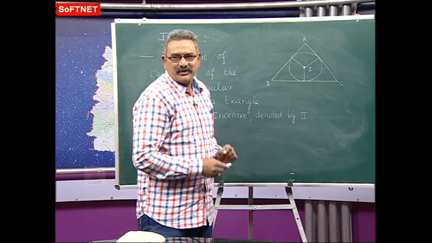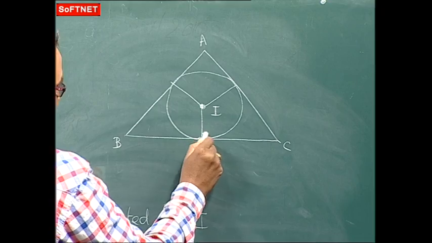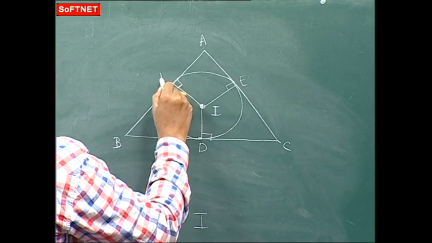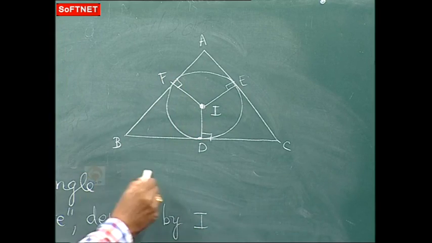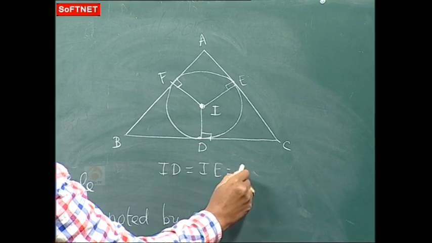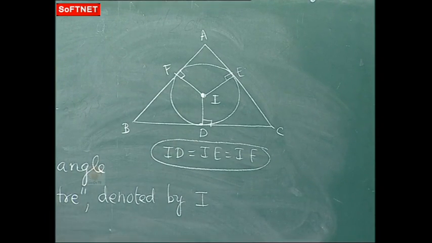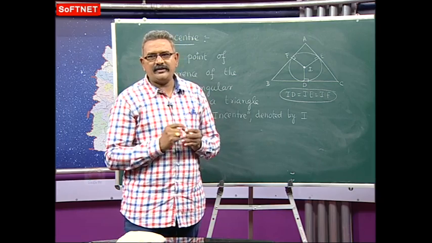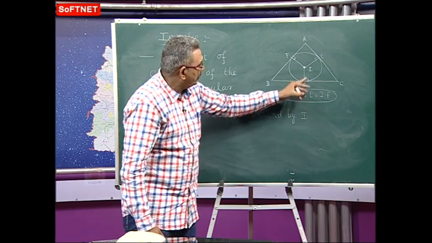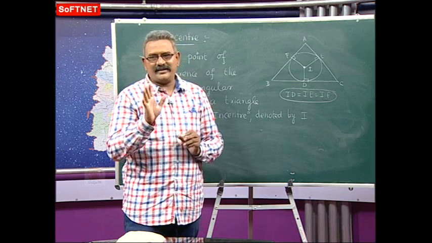So now here we get one important thing. Suppose the touching points are D, E, F. Here ID is equal to IE is equal to IF. We get an important observation: the point which is equidistant from the sides of a triangle is nothing but the in-center.